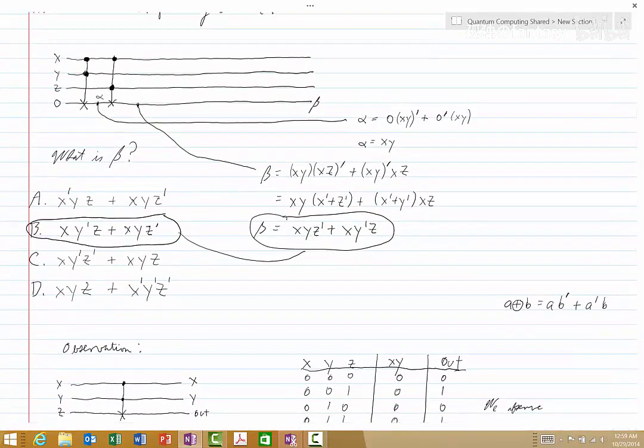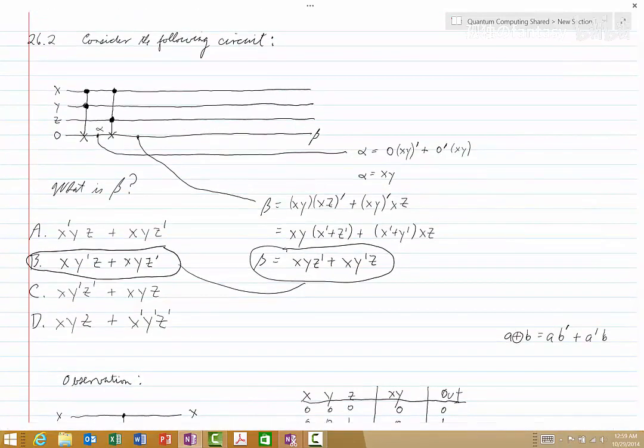We found out right up here with this example that, for instance, if we have 0 coming in here and we have the x and y lines up here as our control lines, then our output for alpha will simply be xy.